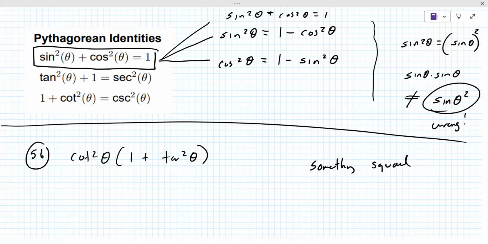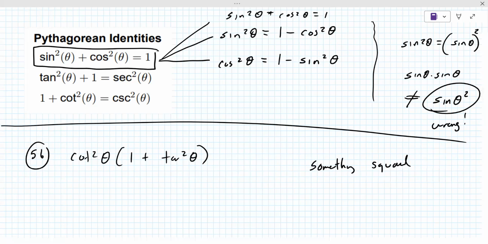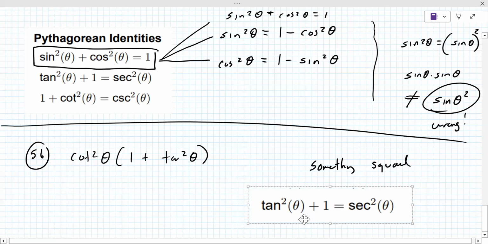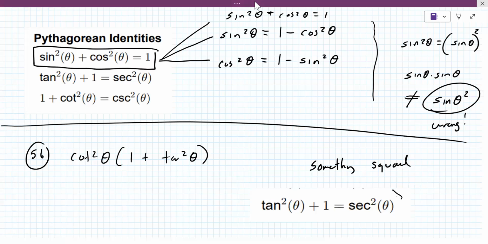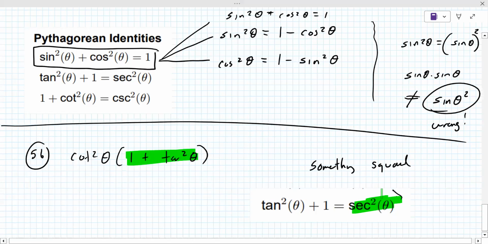And that is the case here. Now you might say, well, is it this one squared or is it this one squared? That's where you have to know your Pythagorean identities really, really well so you can quickly identify them. So it is this middle one, tangent squared theta plus 1, which is the same as 1 plus tangent squared theta. Secant squared theta is going to replace the 1 plus tangent squared.